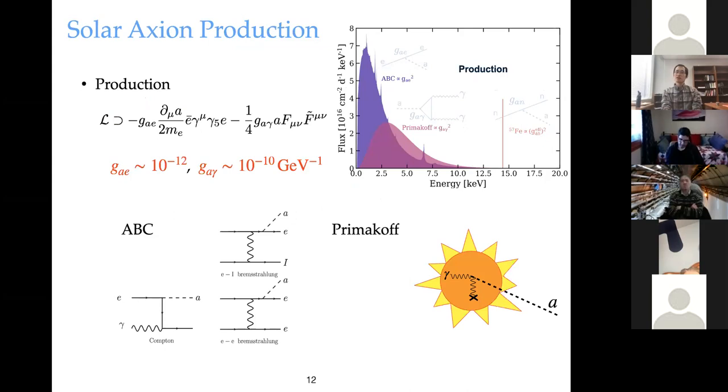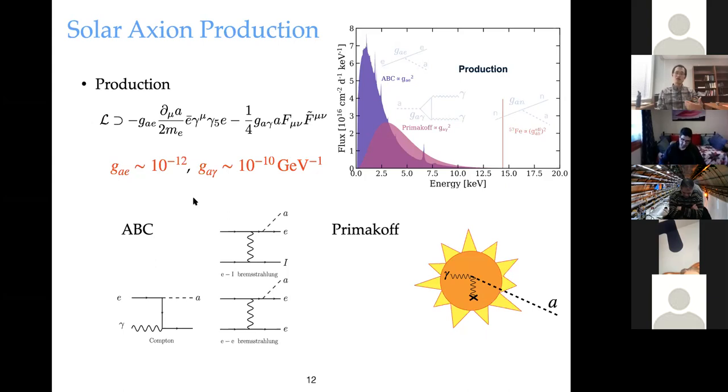The production mechanism is, you think about the ions and electrons in the sun, and the production is coming from the ABC process. There are several processes: Bremsstrahlung, and also Compton scattering, as you see from the Feynman diagram over here. You can also have the Primakoff effect, photon scattering with an off-shell photon and producing an axion using the F F tilde operator.